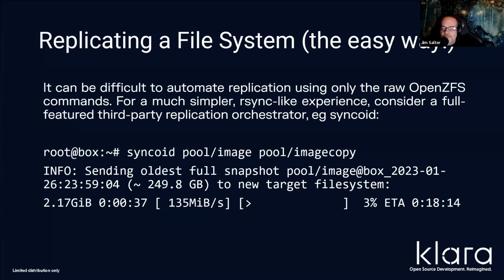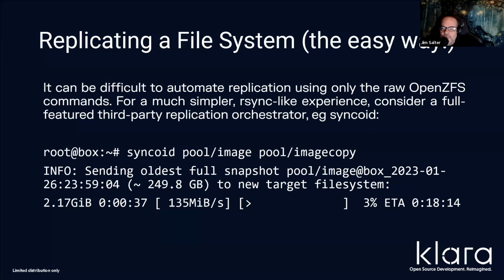You don't have to tell syncoid whether it's local or remote. It figures it all out. Now, in this example, we just see a local replication, syncoid pool/image pool/image-copy. But we could just as easily have said syncoid pool/image root@otherbox:pool/image-copy, and it would work the exact same way.